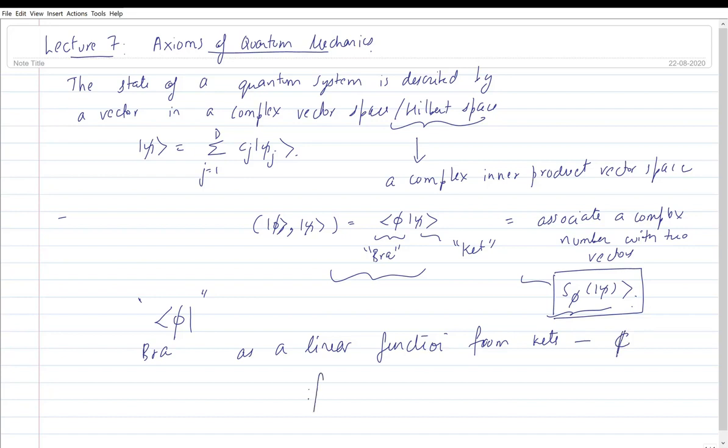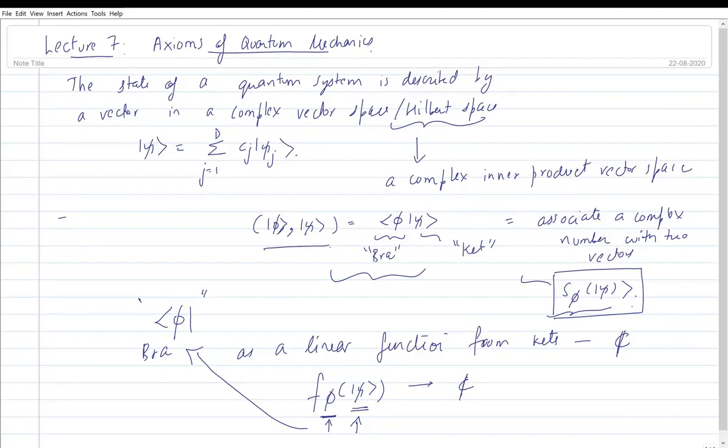Essentially, you have a linear function depending upon this phi, this row vector, which takes as input all the kets, all the elements of your original vector space, and pops out a complex number. So that's another way of interpreting this inner product.